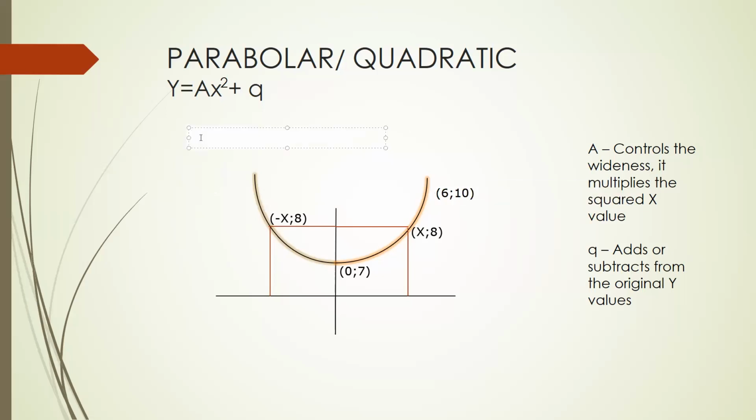Okay, our y in this case is 10, is equal to our a, we don't know our a, times x, which is 6, right? Squared, 6 squared. Let me look for that squared thing. Where do I find this thing?